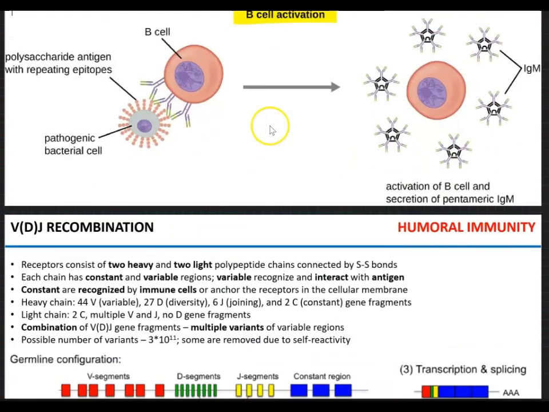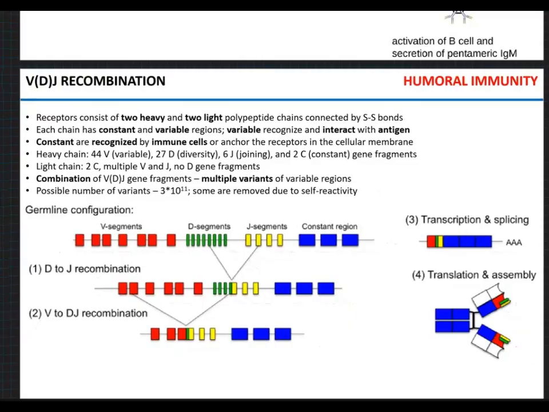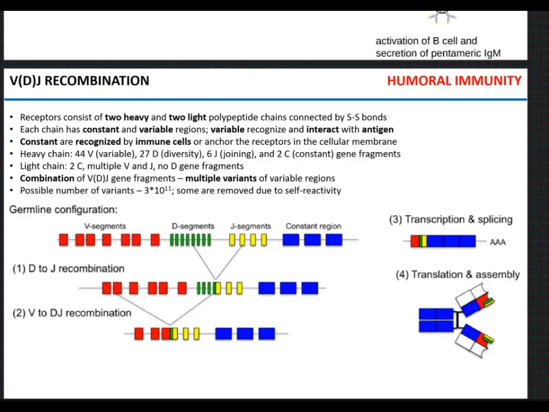In a similar way, the variety of those antibodies is ensured via VDJ recombination. It turns out that the variable regions of antibodies are formed by the combination of several gene fragments in the process called VDJ recombination.